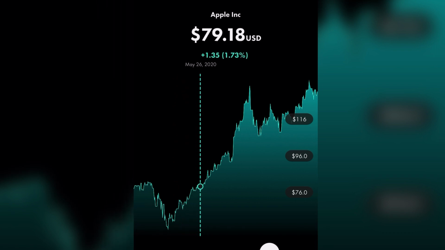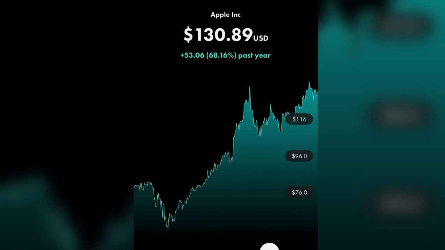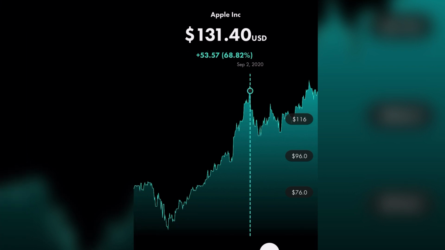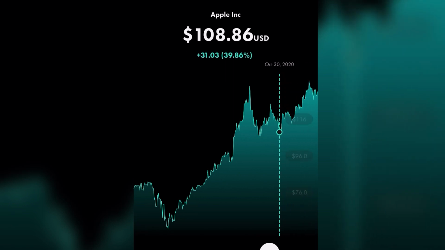May 16th shows you $76, and wherever you click with your finger, it'll show you how much gain it made for that year. From about January 21st to September 2nd, we can see that Apple grew 72%. This is very good if you want to see how much the stock has made in each section or each month.